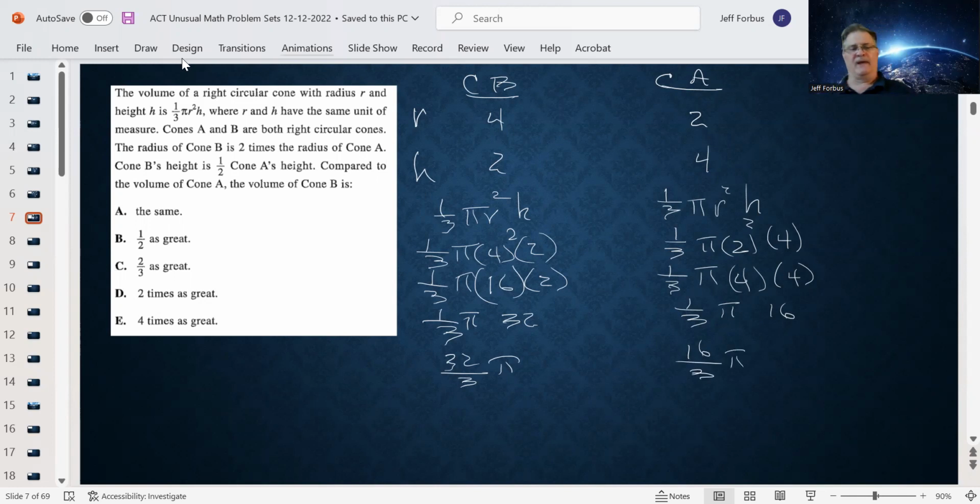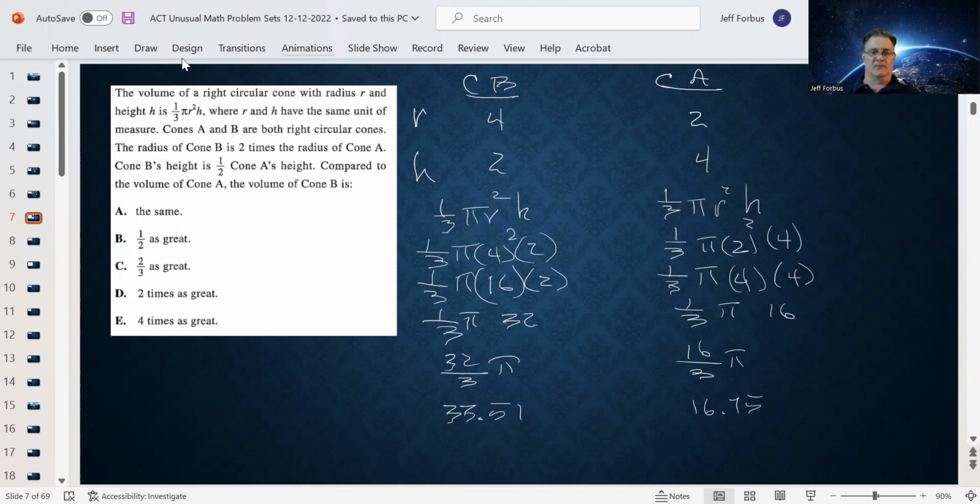Now, when you do your math, 32/3 multiplied by pi gives you a decimal equivalent of 33.51. No, I didn't do that in my head; I had it written down. 16 divided by 3 times pi is 16.75. Now, how do they compare, cone B to cone A?